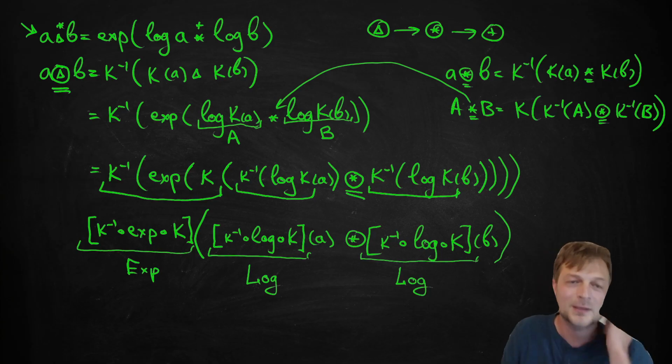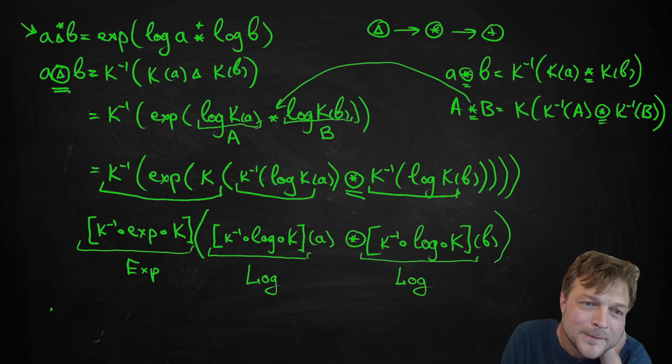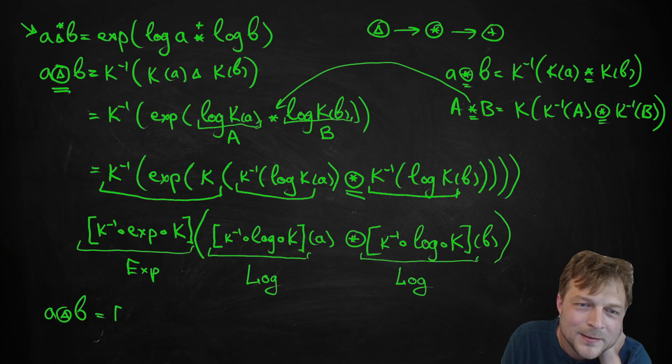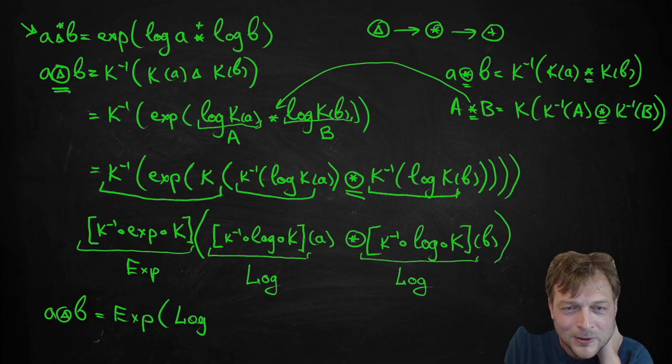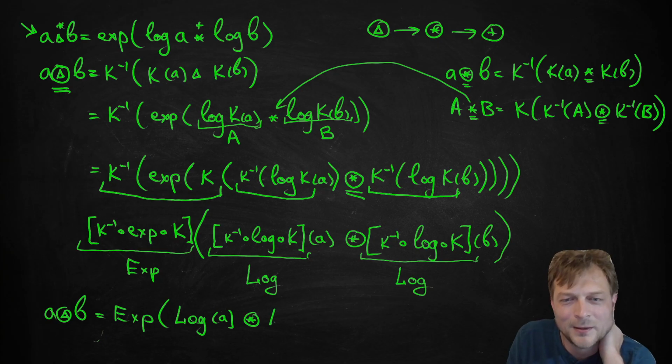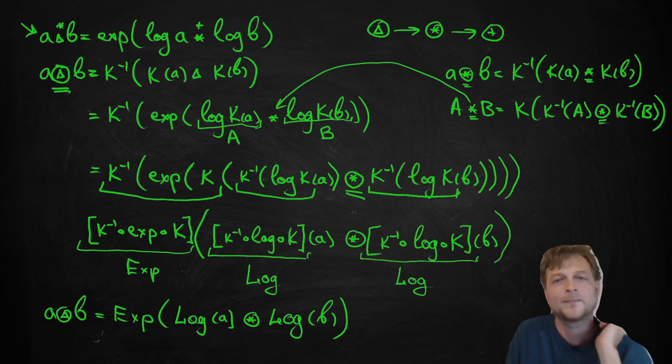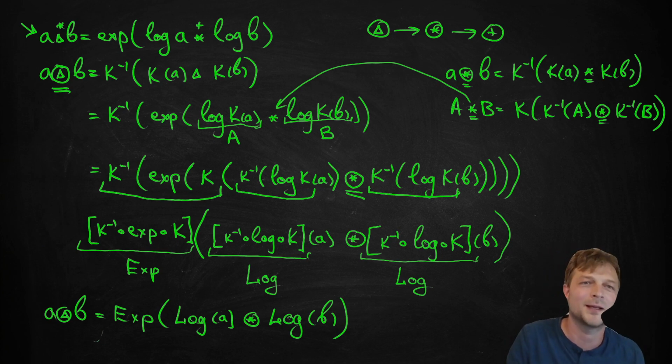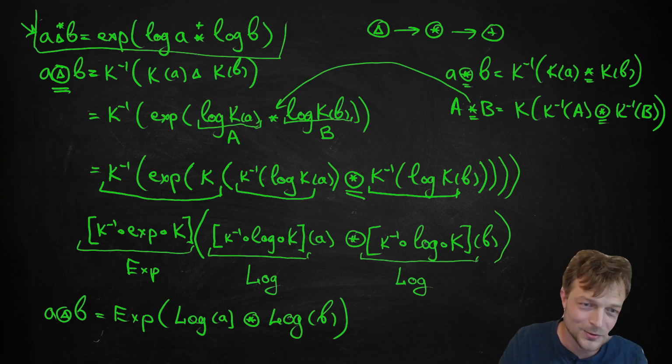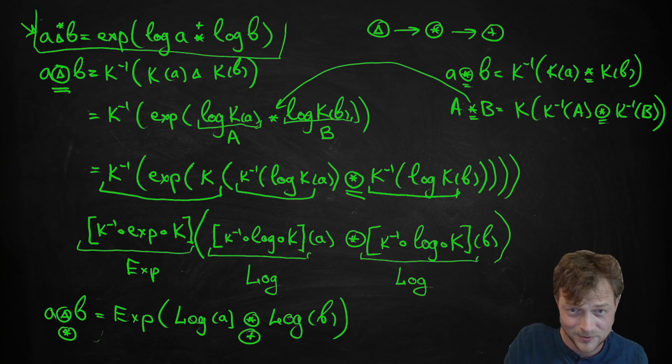Okay, so we basically get that A circular B equals X of log of A circular multiply log of B. Same as we had here, almost. So circular multiplication in the same way can be expressed in terms of circular plus.